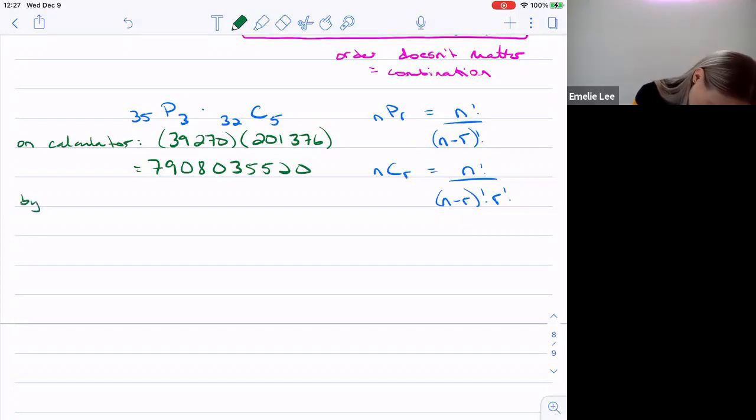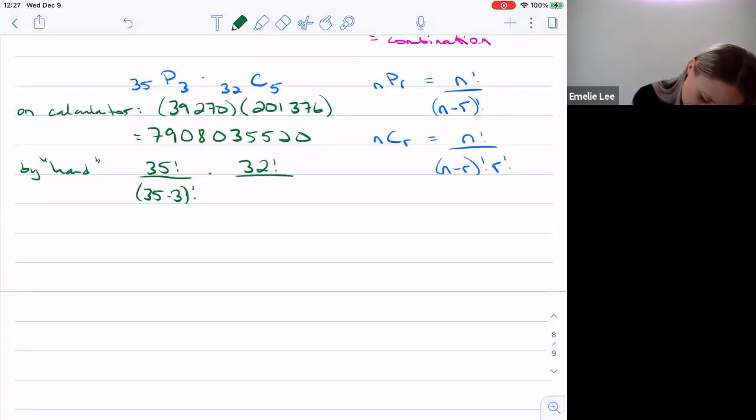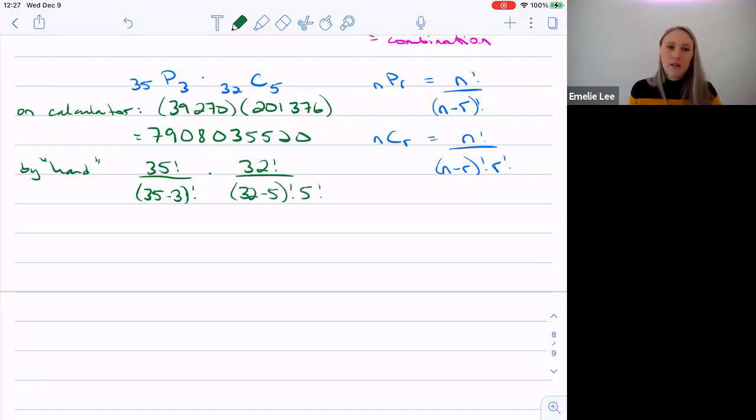By hand, sort of. 35P3 is 35 factorial over 35 minus 3 factorial, times 32 choose 5, which is 32 factorial over 32 minus 5 factorial times 5 factorial.